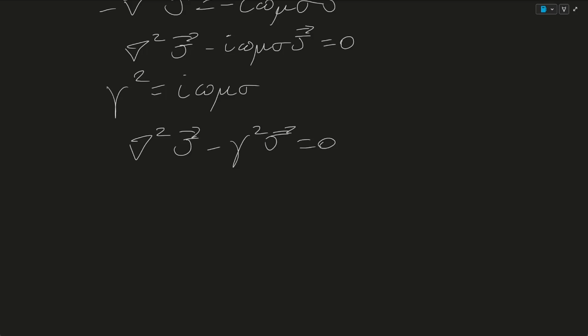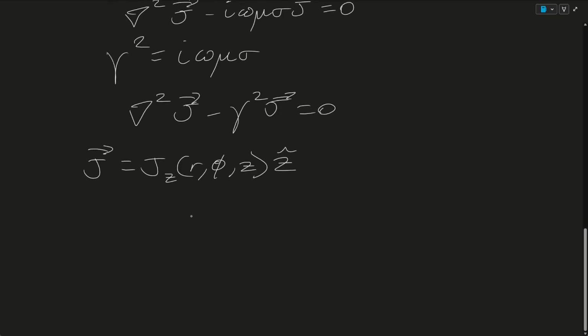So we can say that J is equal to some Jz of r, phi, not theta, phi, z times the unit vector in the z direction.